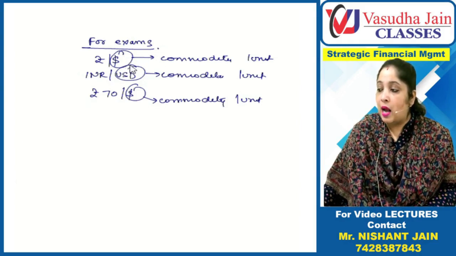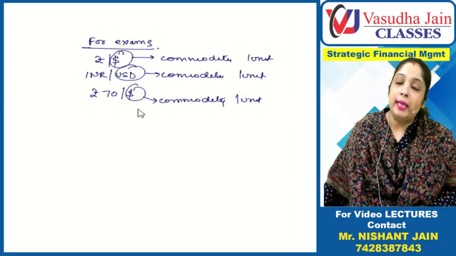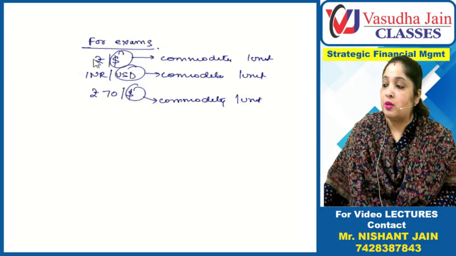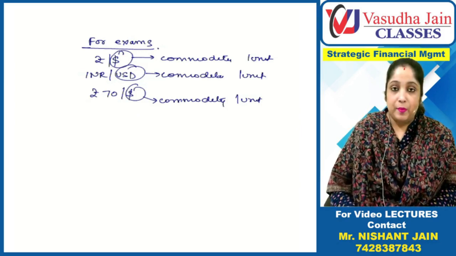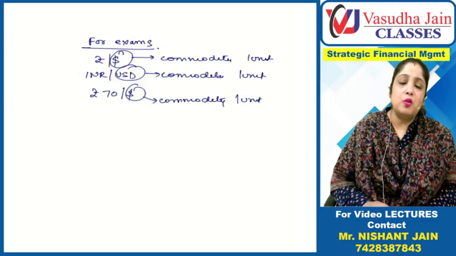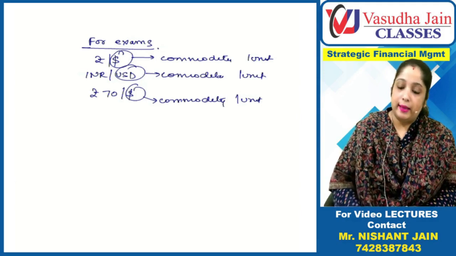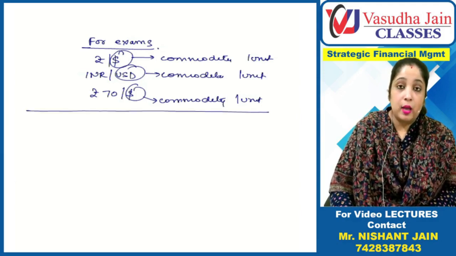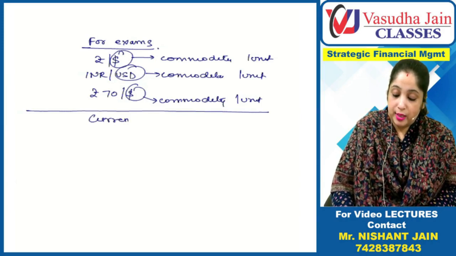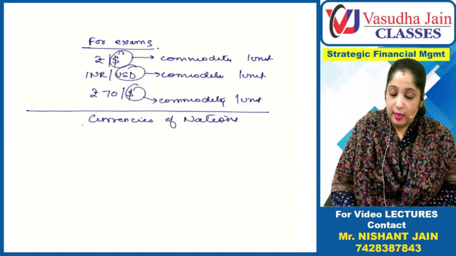Any currency coming after the slash sign is going to be your commodity, and the currency coming before the slash sign is going to be your price. Is it clear? Even if it is not getting clear, when we start doing the questions, it will be clear. Okay, before starting the question, let us discuss currencies of different countries, currencies of different nations. Okay, let's start doing that.